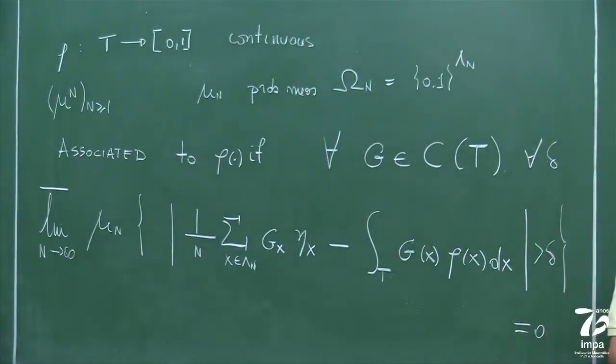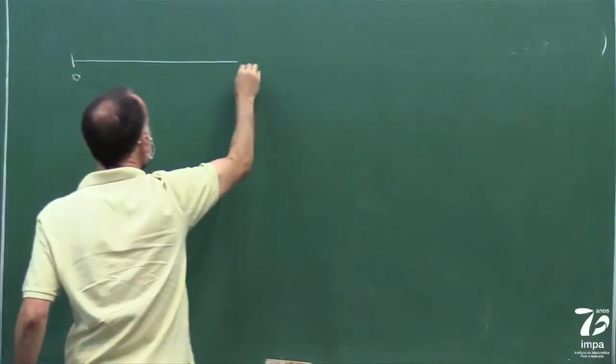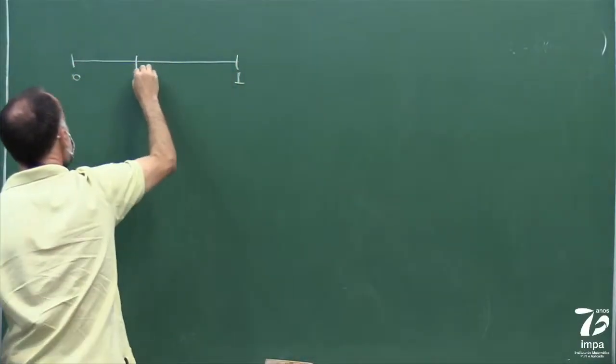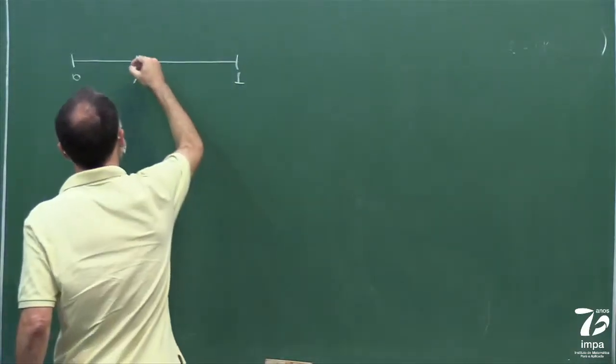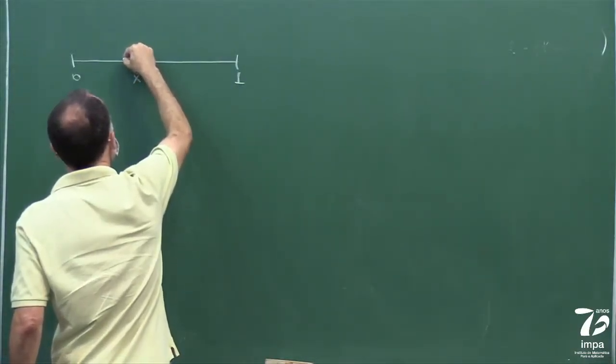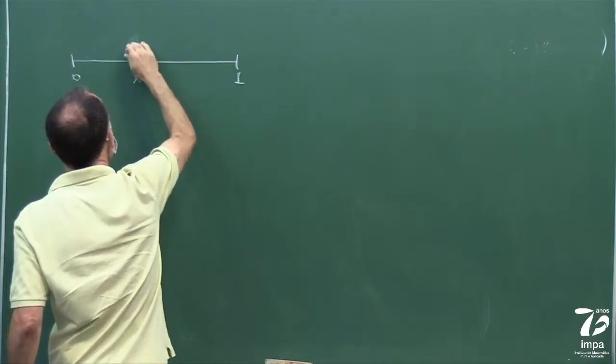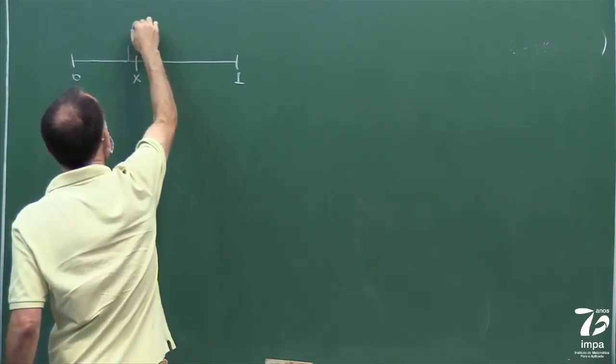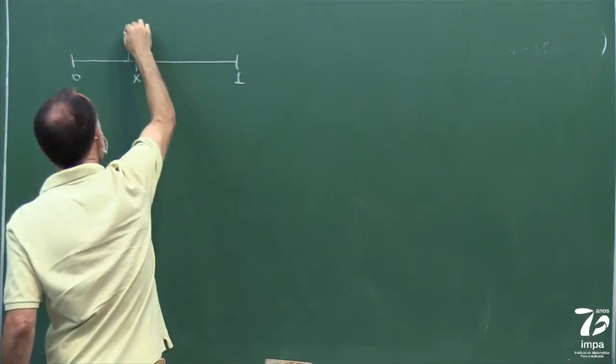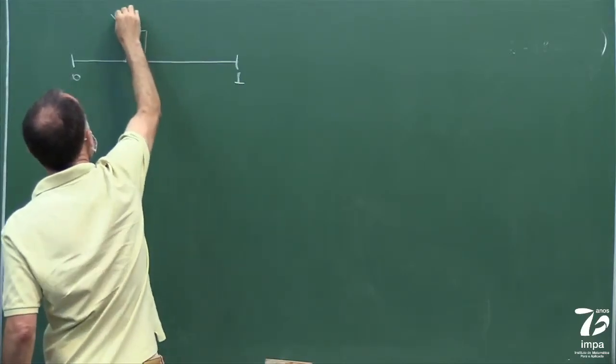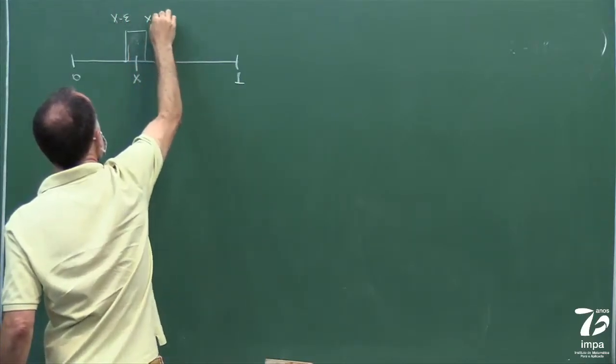Let me take [0, 1]. Here is x. So I'll take the function g to be this function, very close to the step function at x minus epsilon and x plus epsilon.